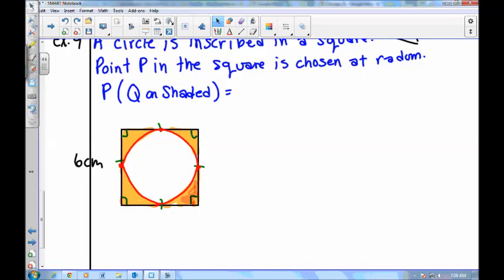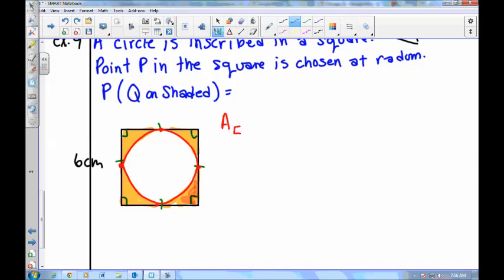Okay, so what's the probability that a point Q is randomly placed and it lands on the shaded region? This time we're dealing with areas, not just length, so we can't just say that square is 6 long. We say the measurement of squares in area, right? Yes, area. Does anyone remember the formula for the area of a square or a rectangle? It would be the same. Base times height, length times width, right?